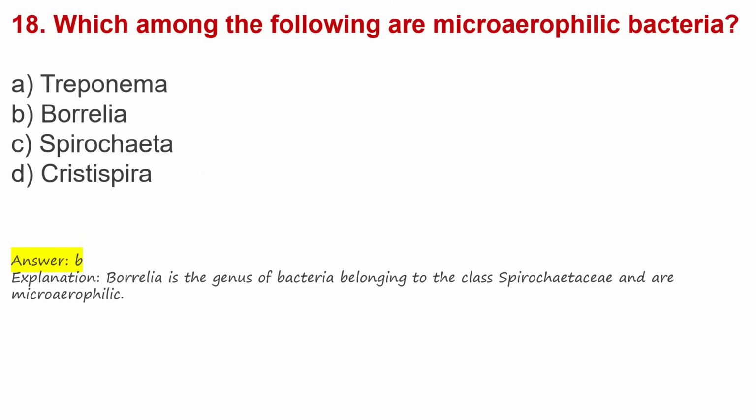Borrelia is a genus of bacteria that belong to the class Spirochaetes and are microaerophilic. When we say microaerophilic, it means they are bacteria that require a small amount of oxygen to survive. This is actually a classification of bacteria based on oxygen, so ladies and gentlemen, I want you to go and check some of my videos on this classification.